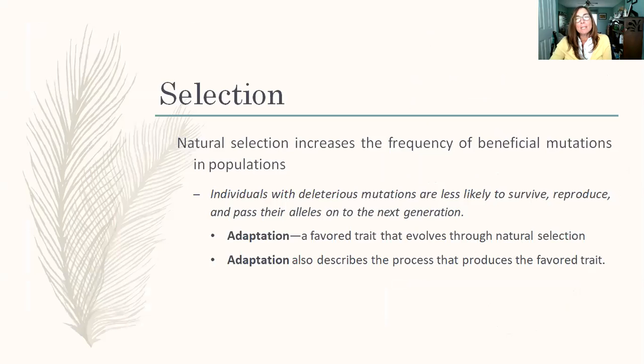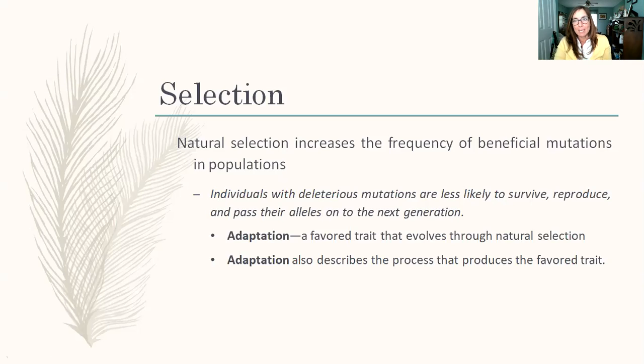Okay, another aspect of selection that's just really related has to do with not artificial selection, but natural selection. Natural selection, when nature gets to choose which traits are passed on and which are the most fit, tends to lead to an increase in beneficial mutations.